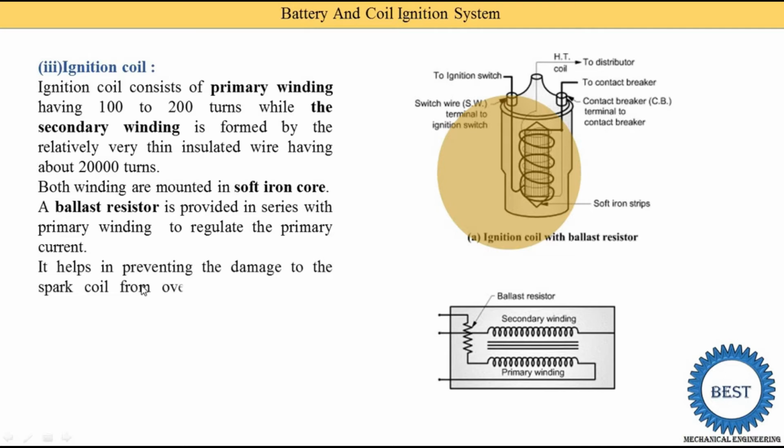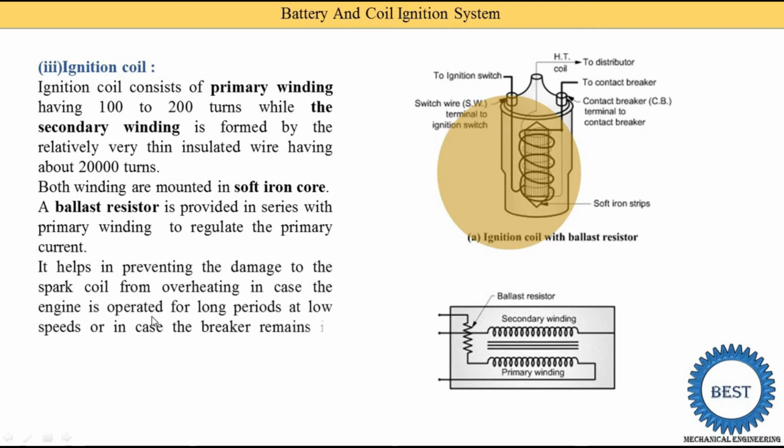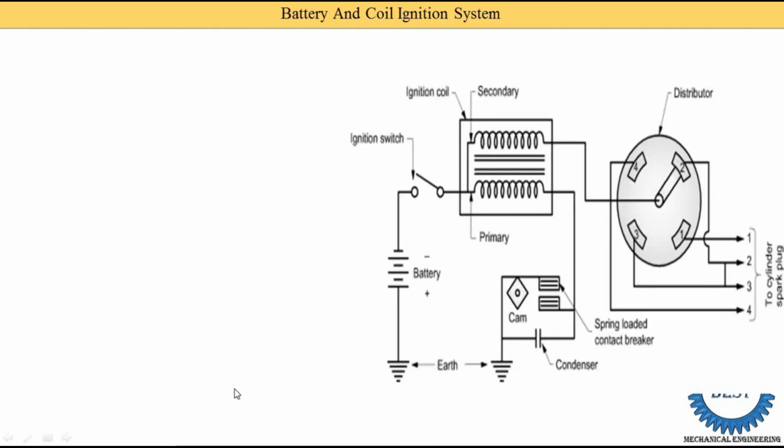It helps prevent damage to the spark coil from overheating in case the engine is operated for a long period at low speed, or in case the breaker remains in a closed position. When the engine runs idle, there is a possibility of damage to the spark coil. So this ballast resistor avoids overheating when the engine is idle for a long period of time.